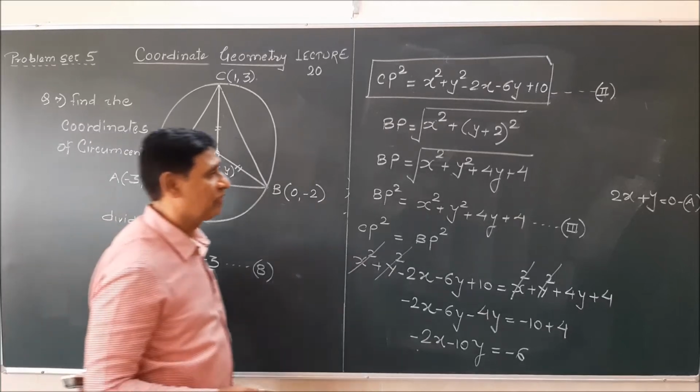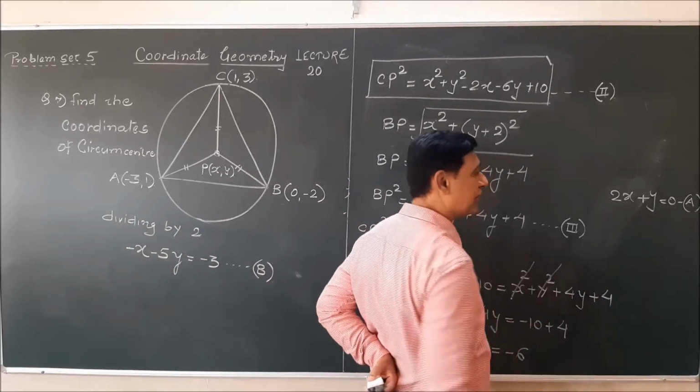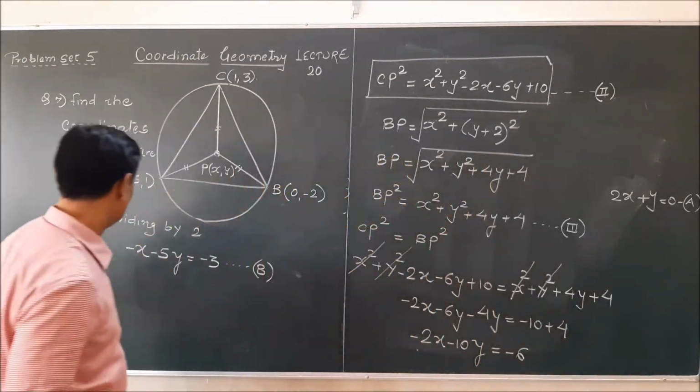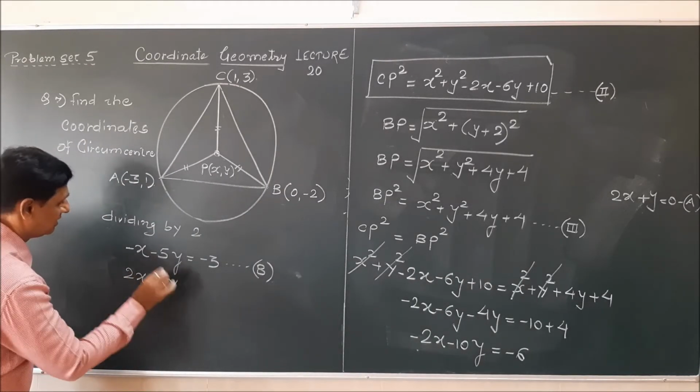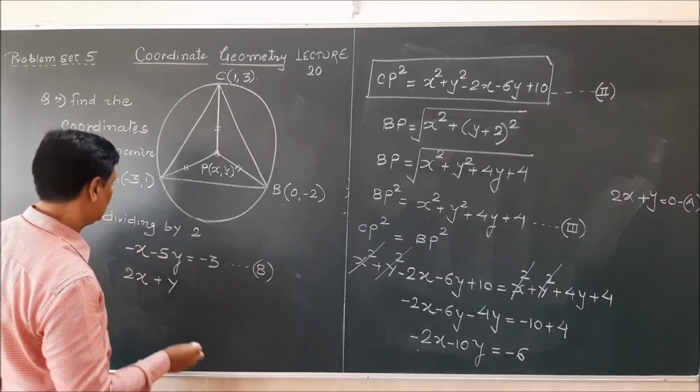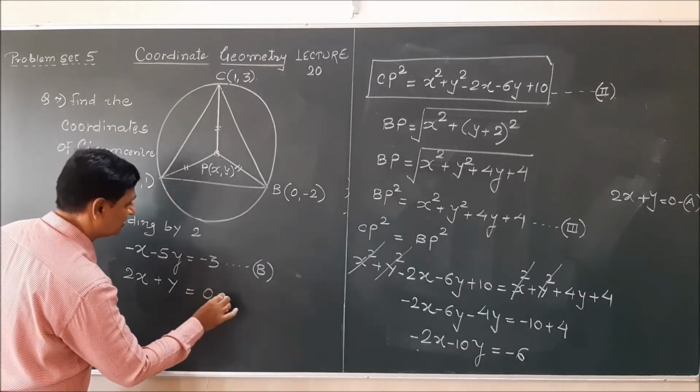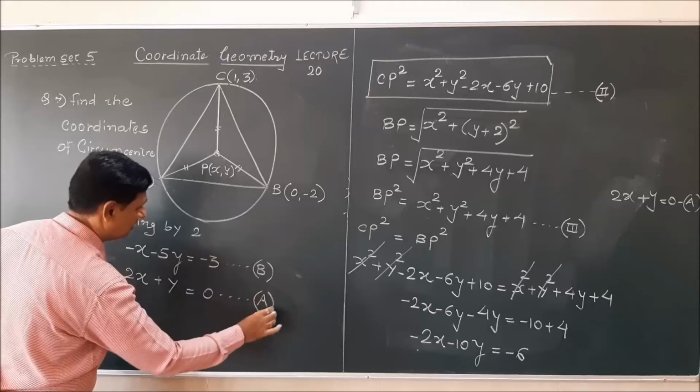Now I know the first simultaneous equation, 2x plus y is equal to 0. Hope I have written it properly.